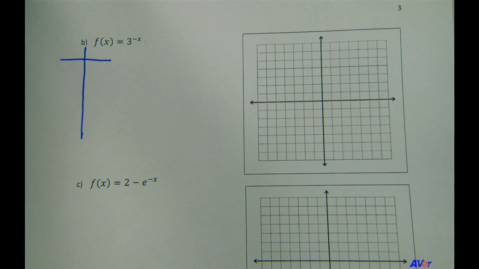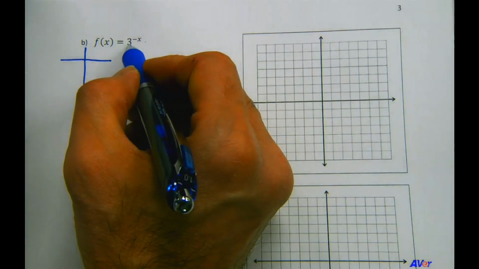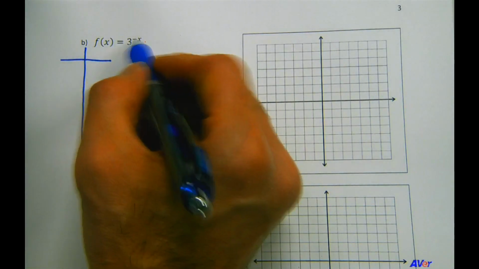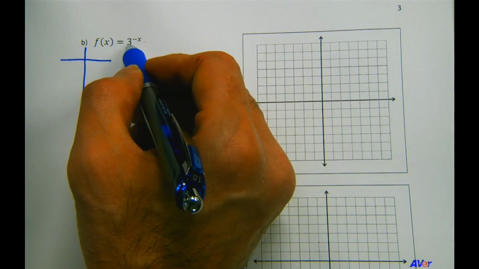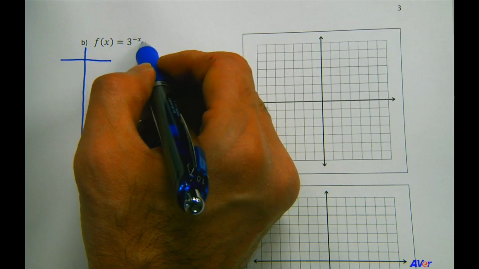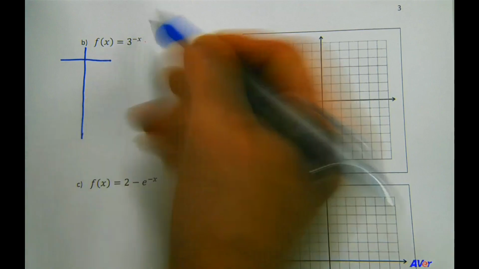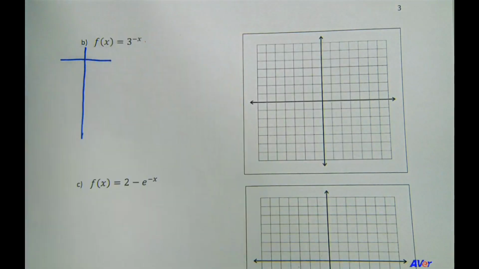But in this case, because this 3 is positive, if it was negative 3, the story would be different. But because it's 3 raised to the negative x power, the impact of that minus in front of the x is that it'll make this function a declining function, a rapidly decreasing function.